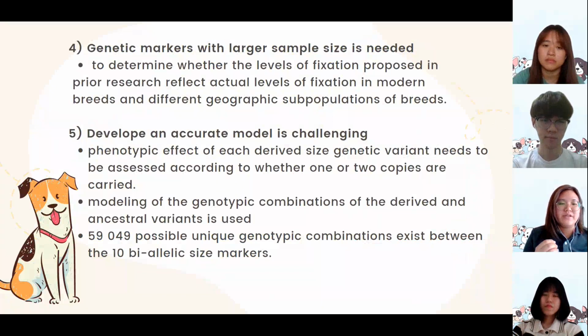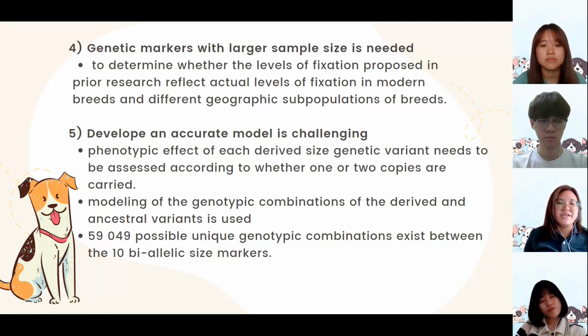The fourth challenge is that further validation of the genetic markers with larger sample sizes in relevant dog populations is needed to determine whether the levels of fixation proposed in prior research reflect actual levels of fixation in modern breeds and different geographic subpopulations of the breeds. The last challenge is that developing an accurate model to predict the size of a dog is very challenging.